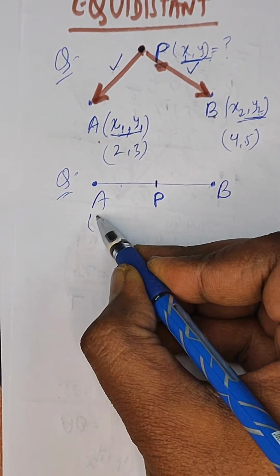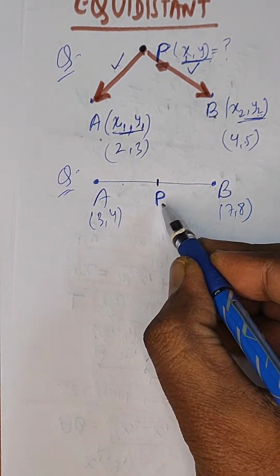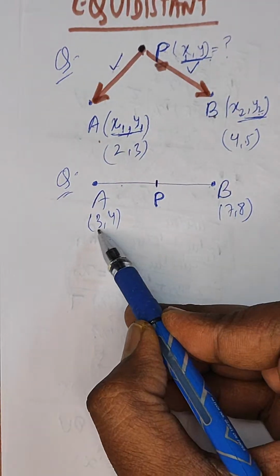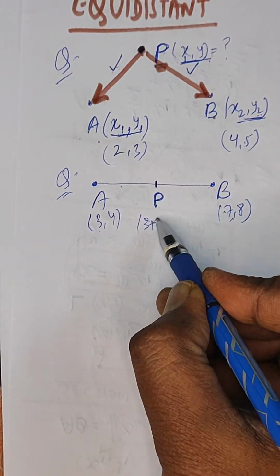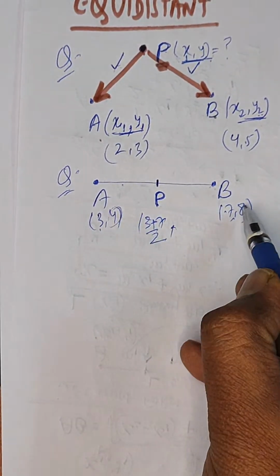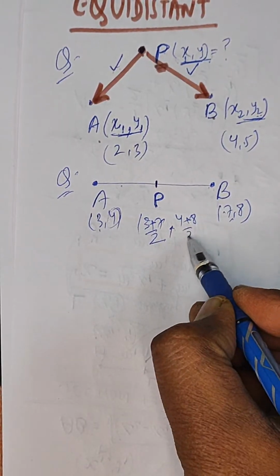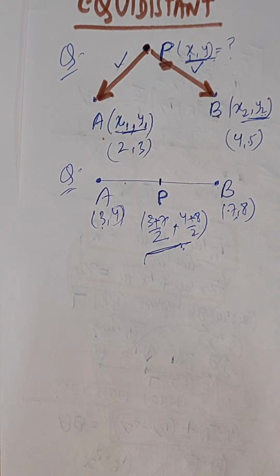So if the coordinates are maybe 3, 4 and 7, 8, this can be easily found. Just add the abscissa part, that means 3 plus 7 divided by 2, and for the ordinate add 4 plus 8 divided by 2. So this can be solved. Okay, so this can be a 1 mark question.